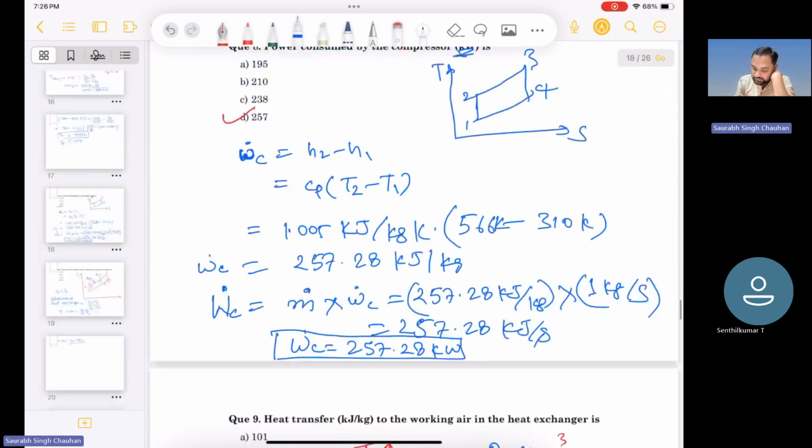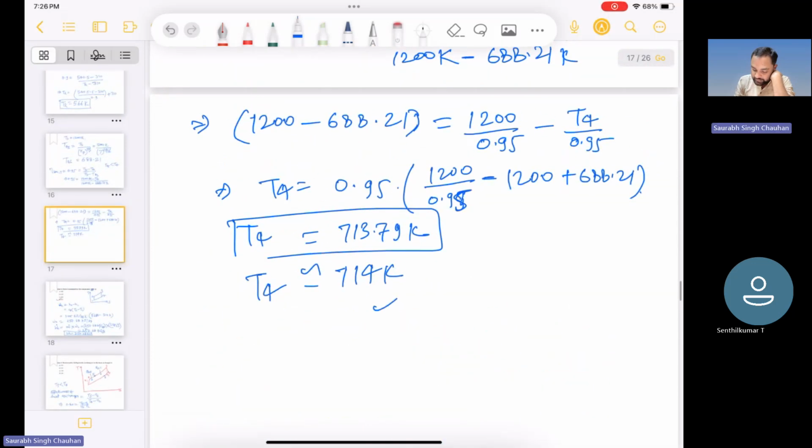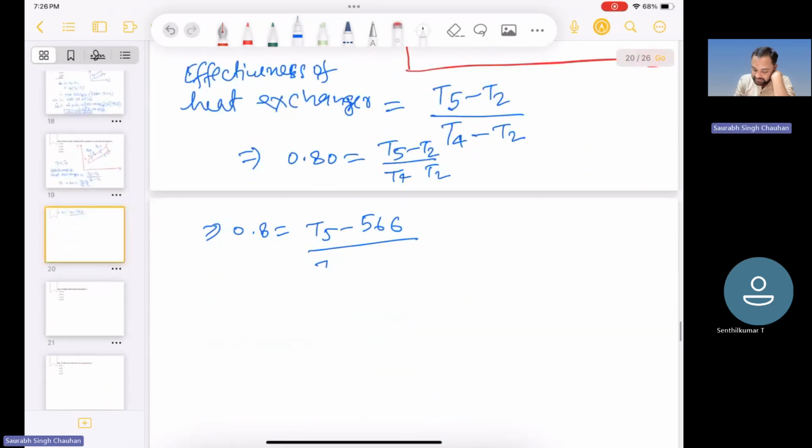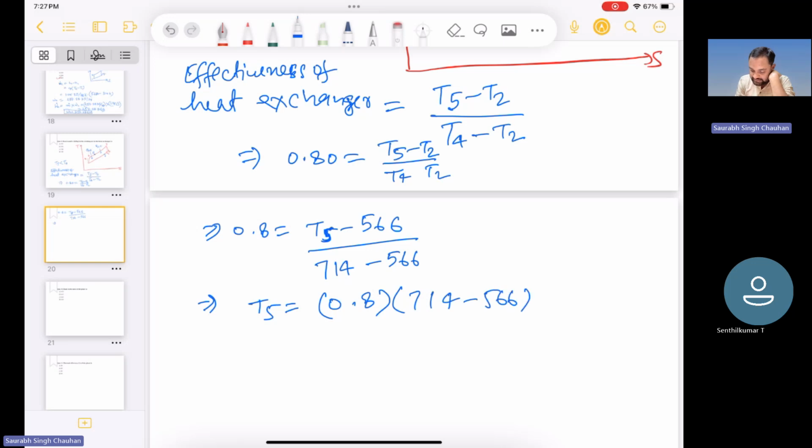How much is T4? T4 is 714. 714 minus 566. So from here you can calculate T5, right? So T5 will be 0.8 times (714 minus 566) plus 566, correct?